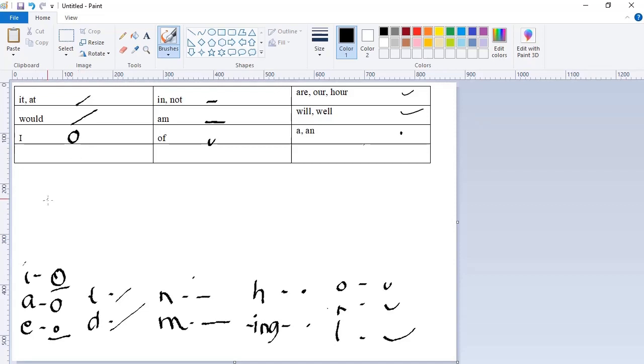Now, when you say brief form derivative, an example of this is yung word na willing. So, we have the brief form will, and then we have the stroke for ing. So, how will you do that? So, yung will is represented by your L stroke, and now your ing is represented by the dot. So, that is how you're going to stroke willing.